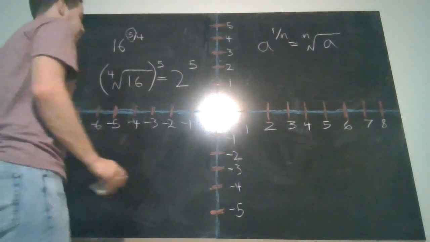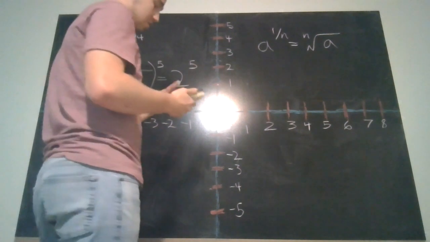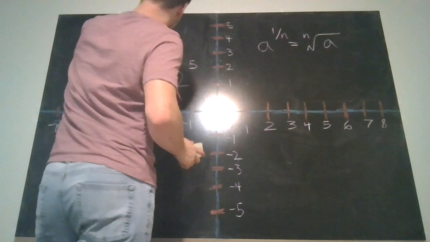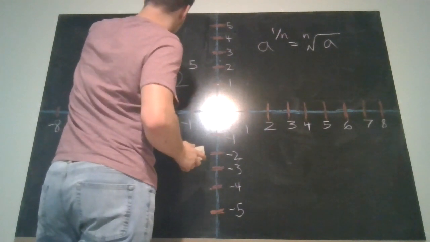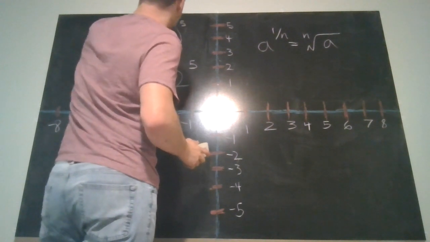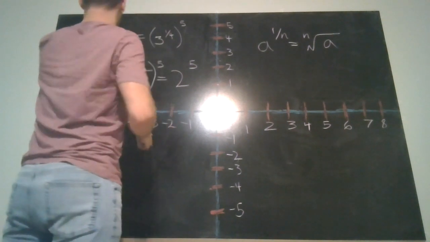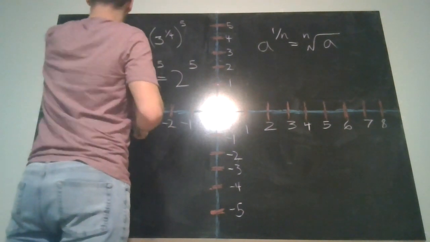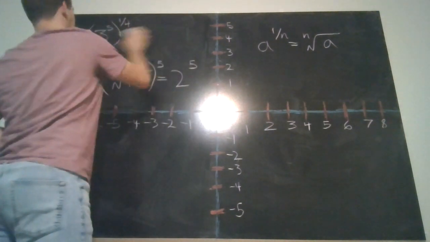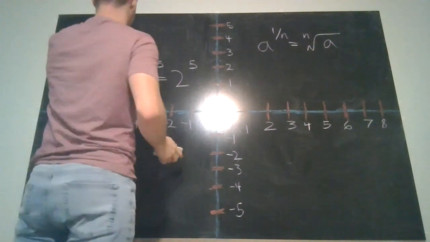It doesn't matter if you do it before or after you take the root, because exponent laws mean that 3 to the 1/4 to the 5th is equal to 3 to the 5th to the 1/4, or with any other set of numbers and exponents.